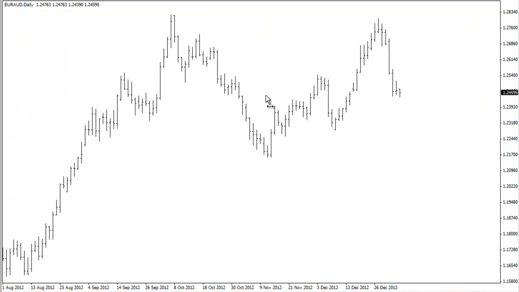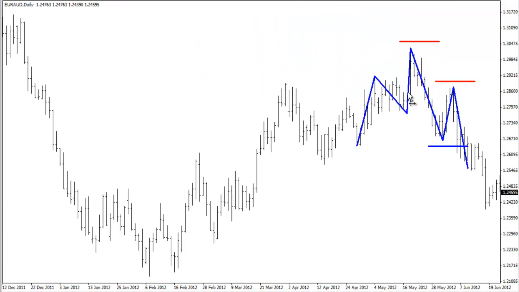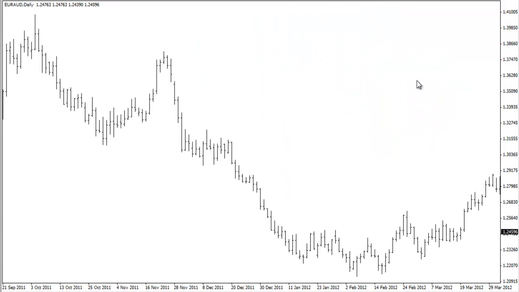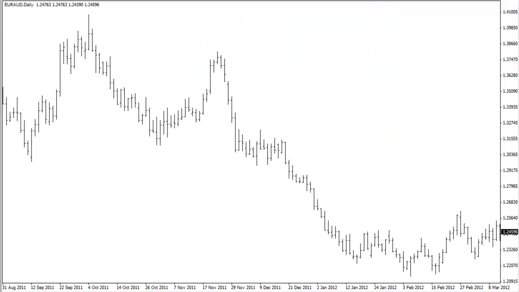If we want to have a look at another head and shoulders pattern, we've then got the shoulder here, followed by the head being formed, followed by the lower shoulder being formed.